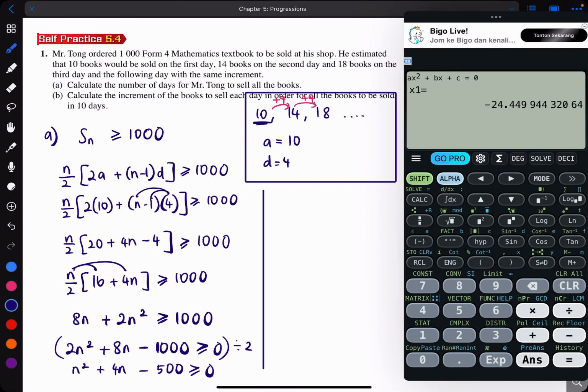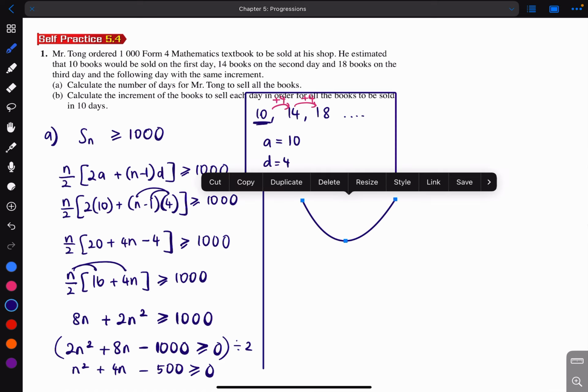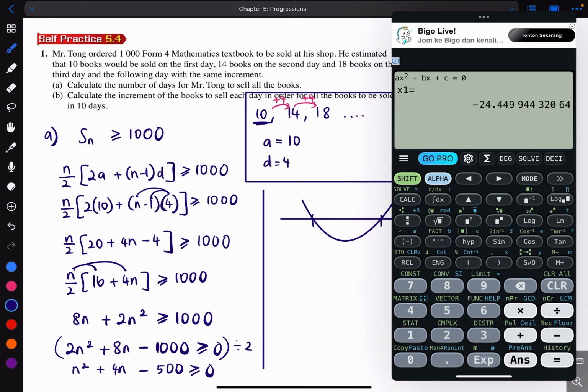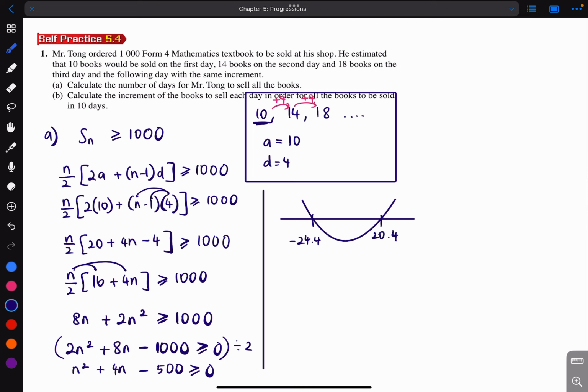Since this is a quadratic inequality, we have to draw a graph like this. And then we have to write the roots, something like this. So we get one negative and one positive root. First one is negative 24.4. The other one is 20.4. And this is more than equals to 0.